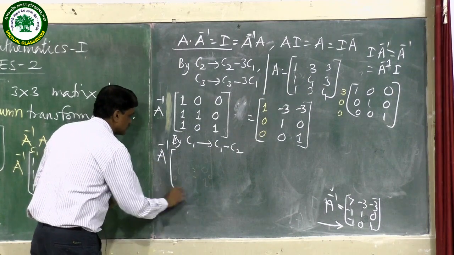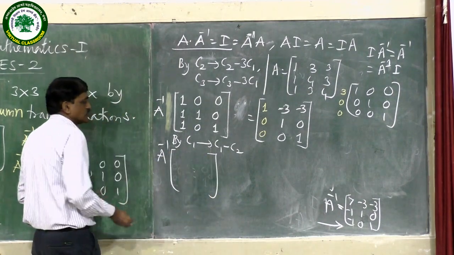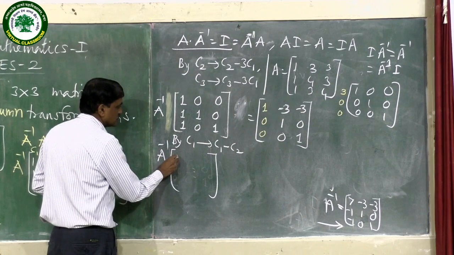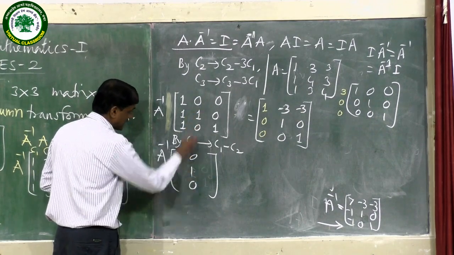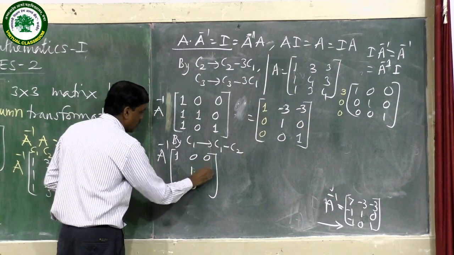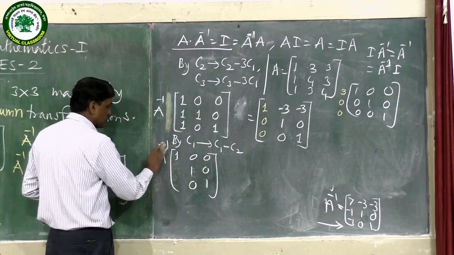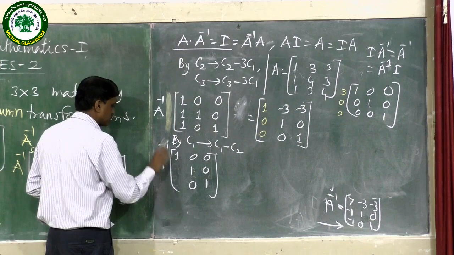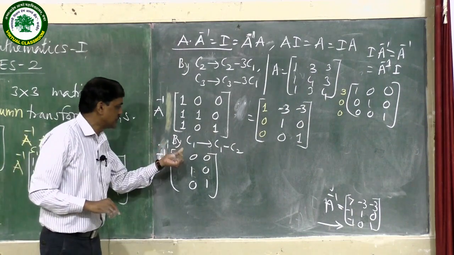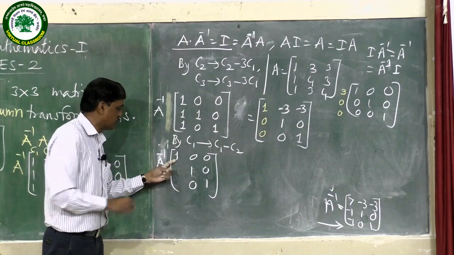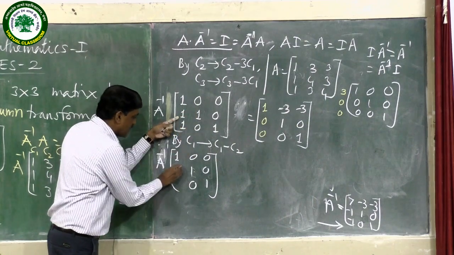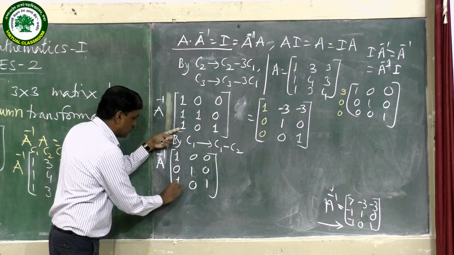C1 to C1 minus C2. What happens? See, second column, third column 0, 1, 0, 0, 0, 1 as it is. A inverse into. See, first column minus second column. 1 minus 0, it is 1. 1 minus 1, 0. 1 minus 0, it is 1.